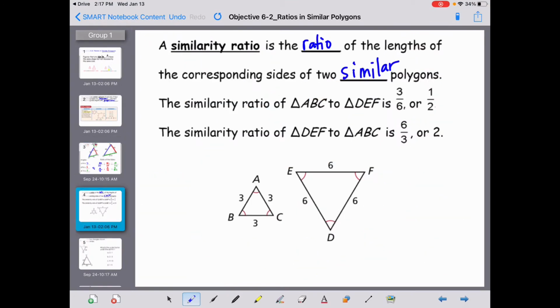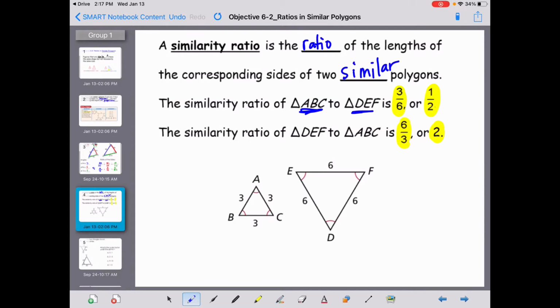For this new example, my similarity ratio is 3/6 or 1/2. You've got to always simplify. So for the first problem, I started at ABC and I went to DEF.